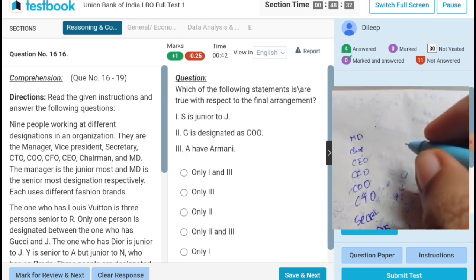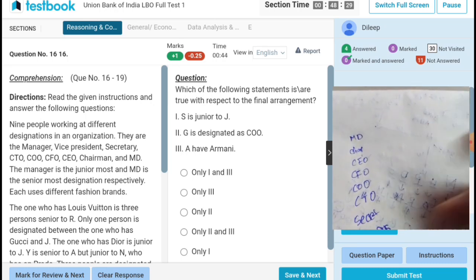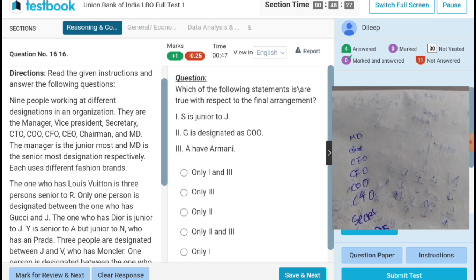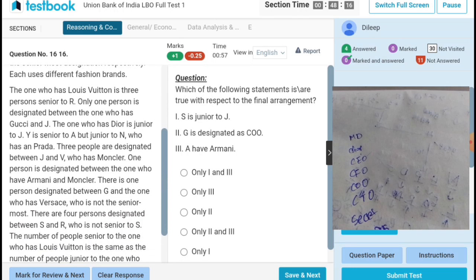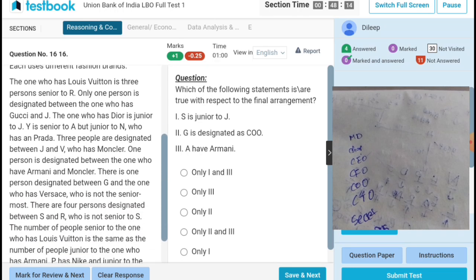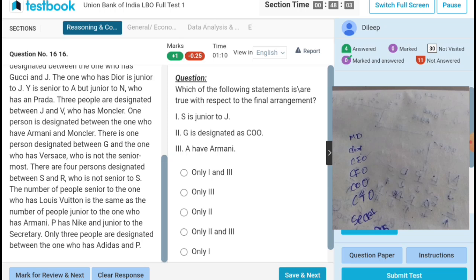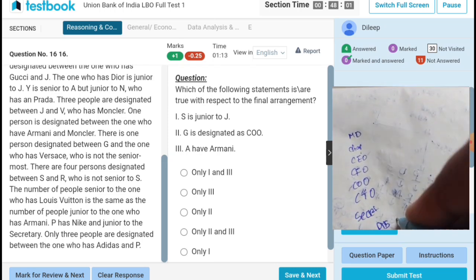The one who has the lowest rank is 3 places senior to her, only 1 designation between, the lower is junior to G. There are 4 between S and R. P is junior to secretary.